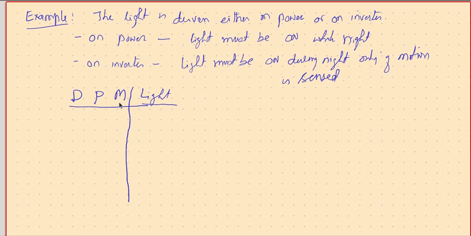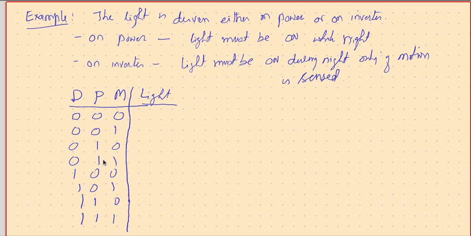When there are three inputs, we will have eight combinations. 2 to the power 3 combinations are possible, that is 8: 000, 001, 010, 011, 100, 101, 110 and 111. All eight combinations we have listed.